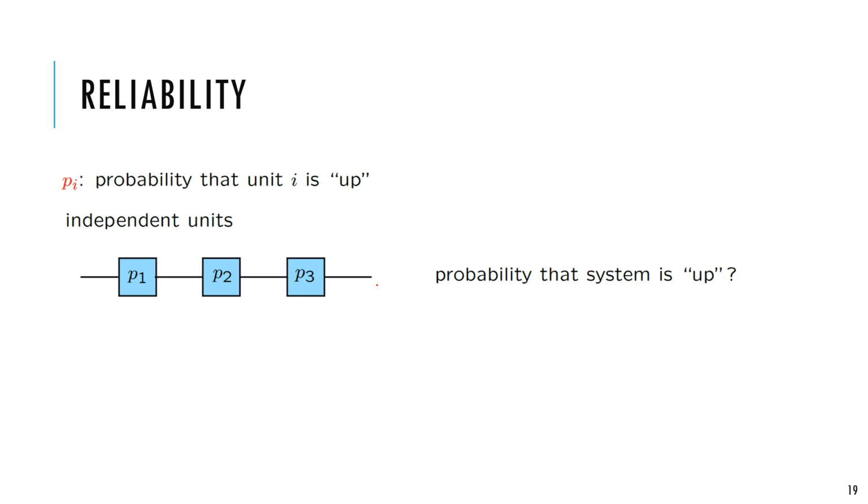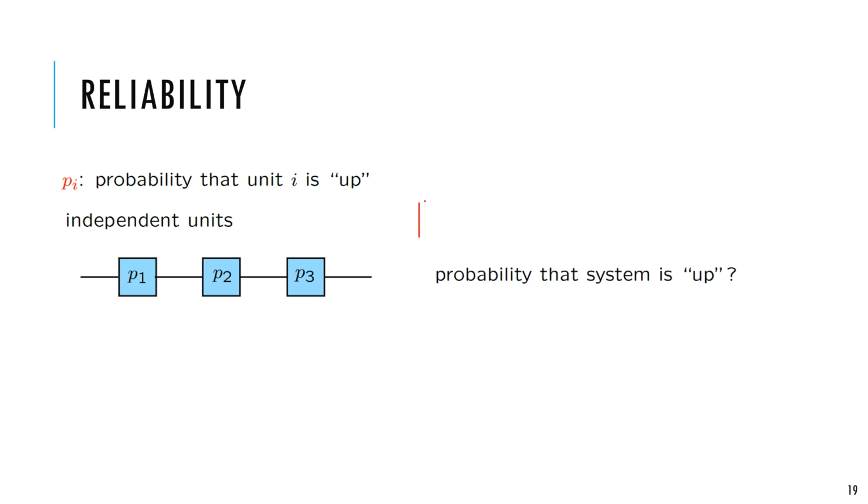For reliability, an example of application is we have probabilities Pi that unit i is up. All the units are independent. Here we have the serial connection. So what is the probability that the system is up?